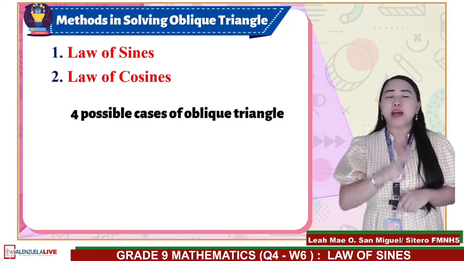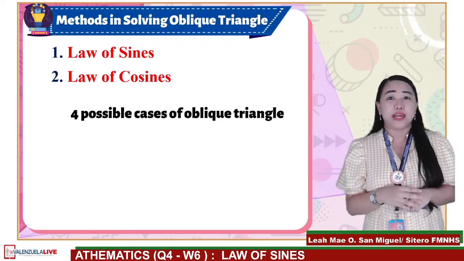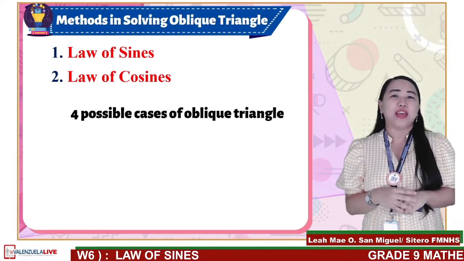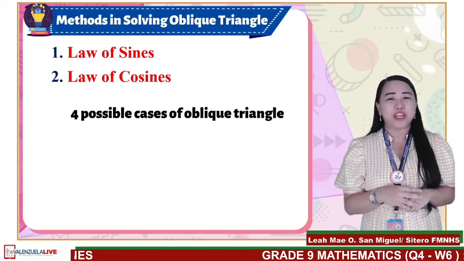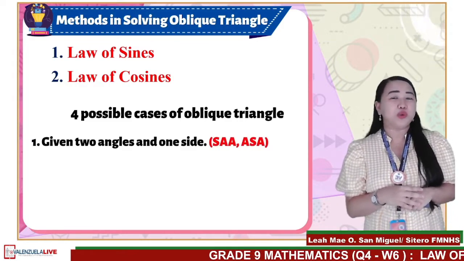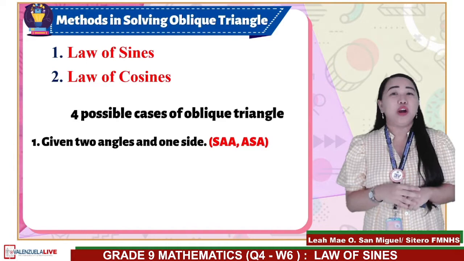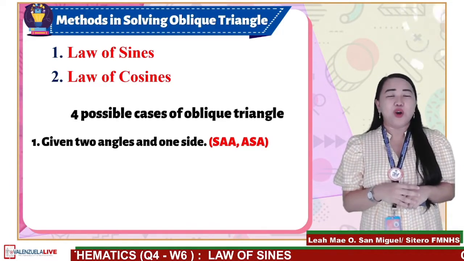There are four possible cases of oblique triangle where these laws can be applied. These cases are based on the given length of sides or measure of angles of a given triangle. First, given the two angles and one side. This can be included side or non-included side. In acronym, SAA or ASA.